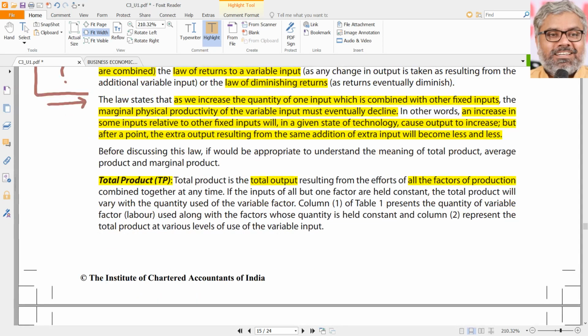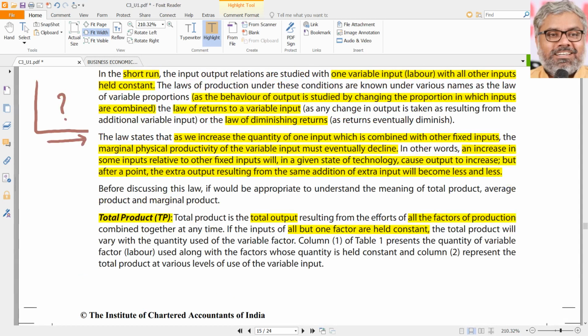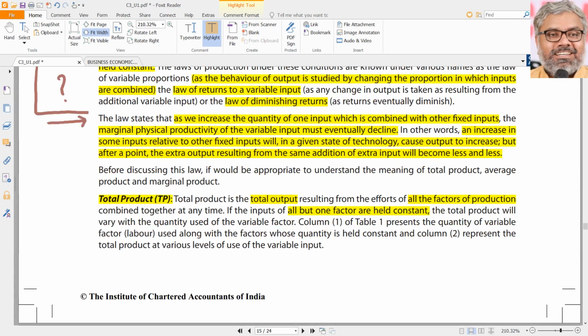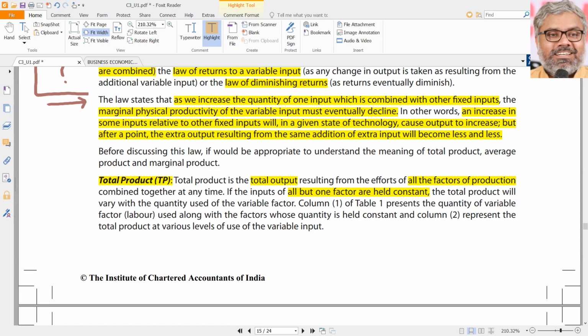But what is happening here? Here all but one factor is constant. Why is one factor not constant? Because that is the one we are studying on the x-axis. So all other factors are assumed to be constant. Already we know that. And when there is an increase or a decrease in the quantity used of the variable factor, will there be impact on the total product or not? Answer is definitely yes.